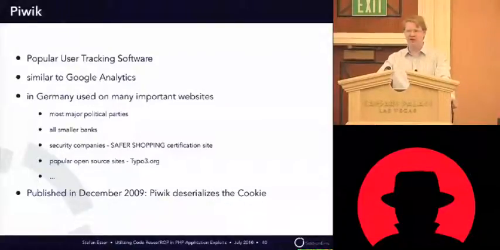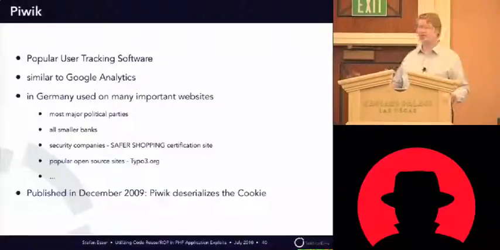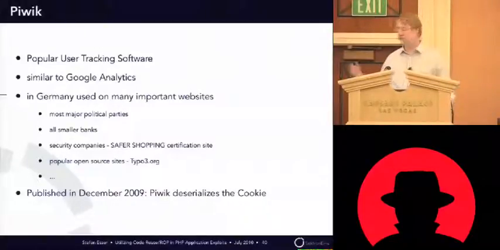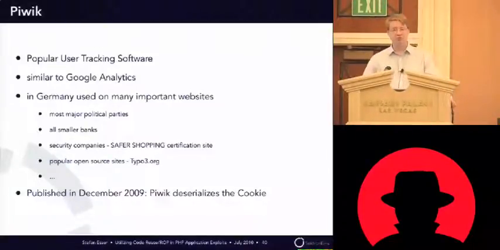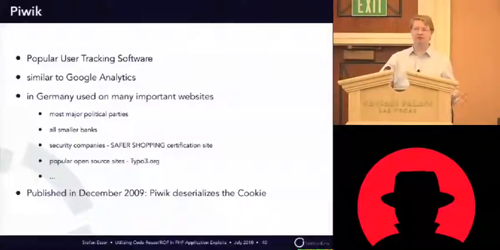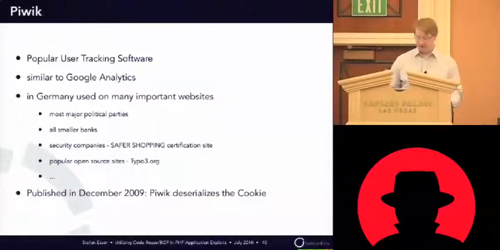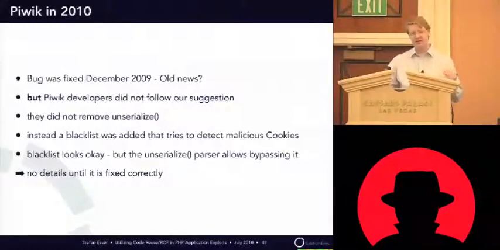And a vulnerability that was unserializing user input, especially the cookie, and allowed remote code execution was disclosed by me in December 2009. And now we will look at this vulnerability. The first thing is, when you look at it now, 7 months later, you will maybe think, oh, it's old news, it's fixed.